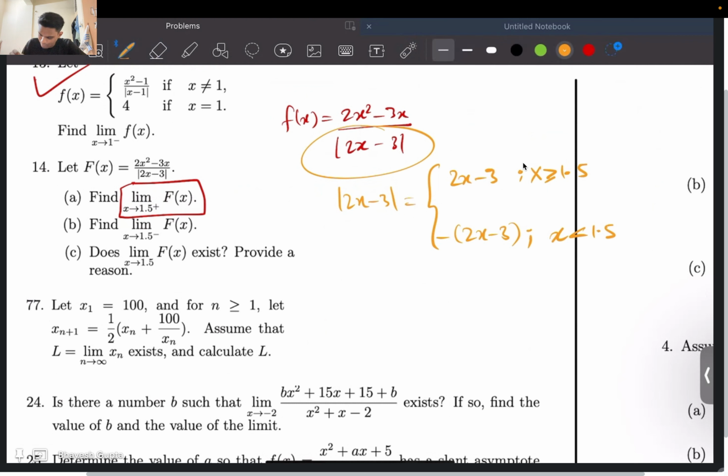Now because of this, my original function has two branches. The first is 2x square minus 3x over 2x minus 3, and the other one with just an extra negative sign.